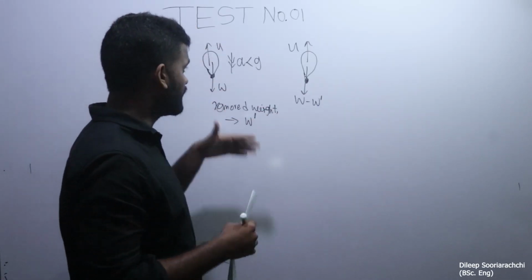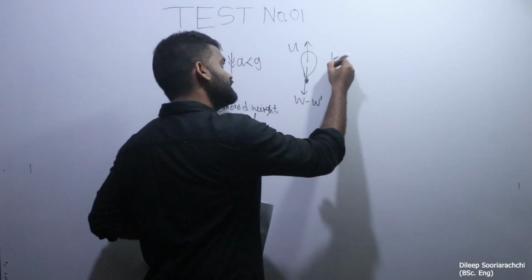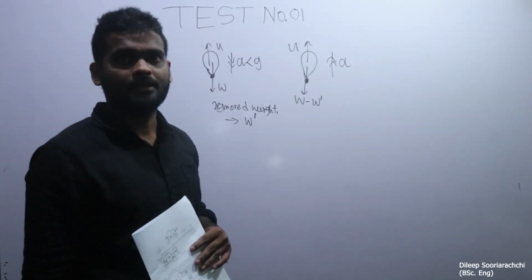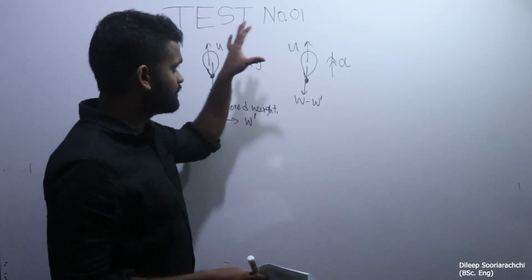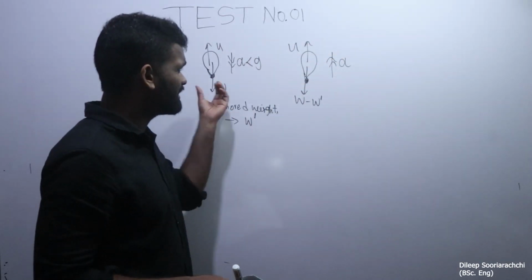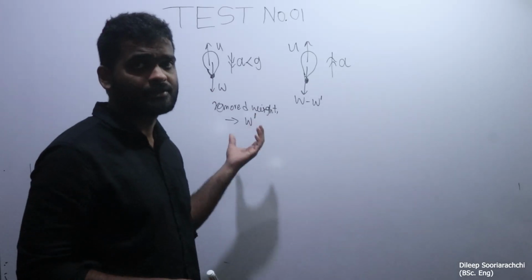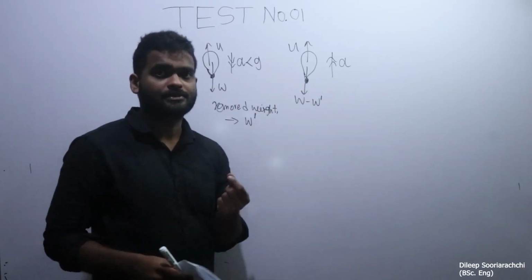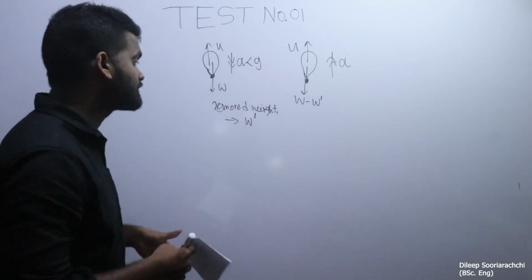Now this is moving downwards. Here it's moving upwards at a. So this is the first case. Then we have the second case. Now separately we have to apply F equals ma to these cases in order to find this W dash. Let's see how to do that.